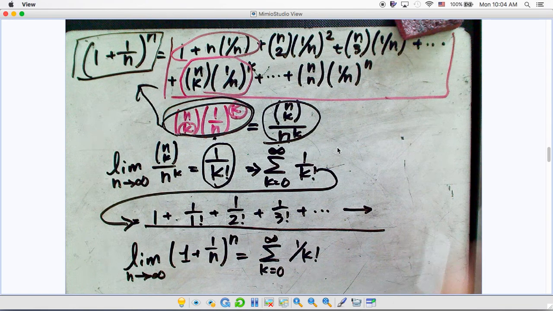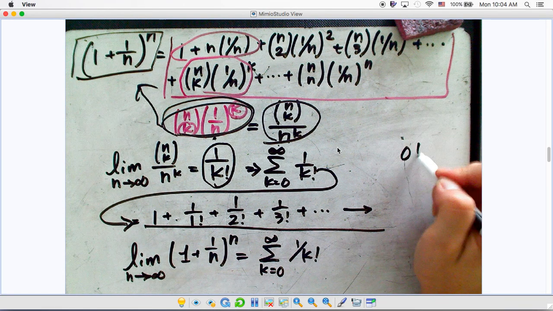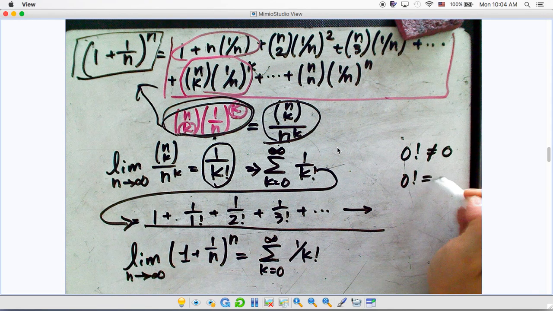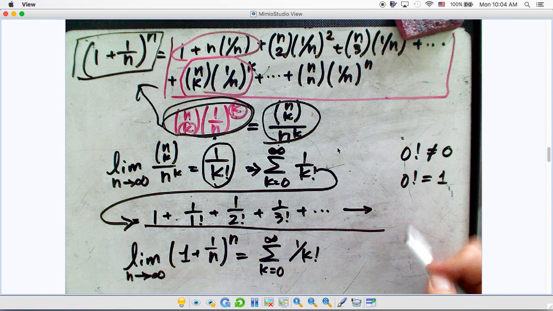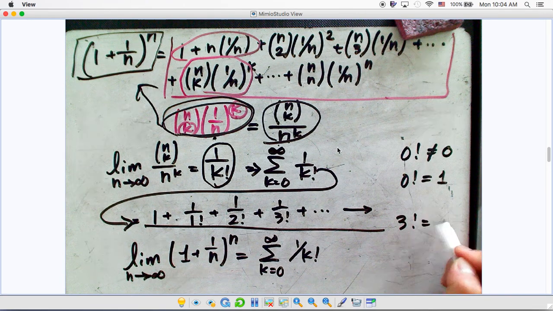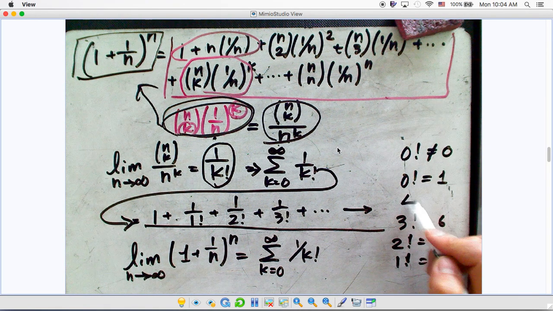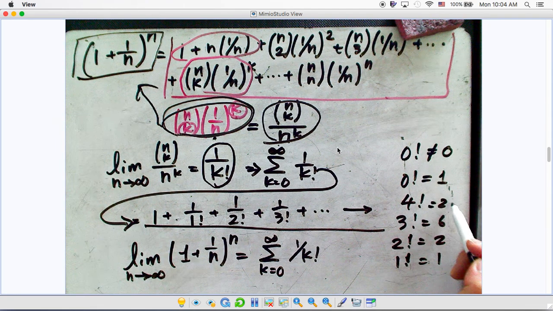Okay. By the way, 0 factorial is not equal to 0, but it is equal to 1, because 3 factorial is 6, 2 factorial is 2, 1 factorial is 1, and 4 factorial is 24.